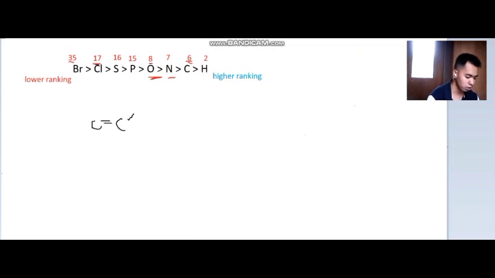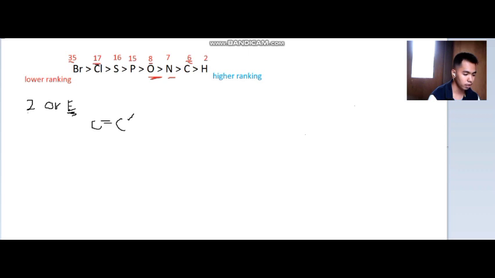Our task in number 2 is to assign E or Z stereochemistry to the following compounds. We're going to decide whether the compound presented is Z or E stereoisomer.